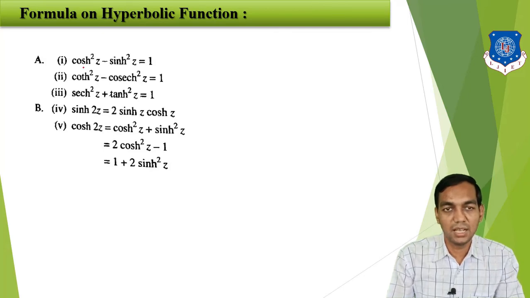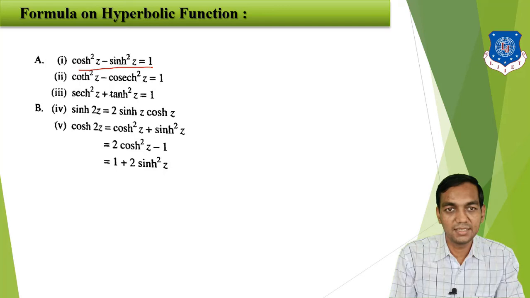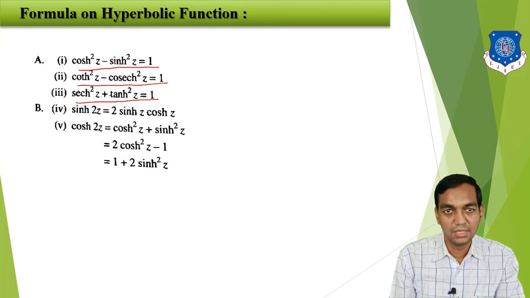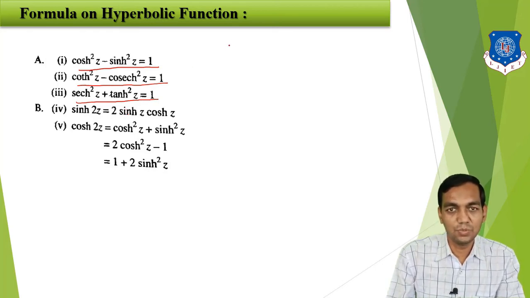In the same manner, the hyperbolic identities: cos hyperbolic square z minus sin hyperbolic square z is 1. Cot hyperbolic square minus cosec hyperbolic square is 1. And sec hyperbolic square plus tan hyperbolic square is 1. Basically, it is very easy to obtain. You are aware that sin square plus cos square is 1, correct?